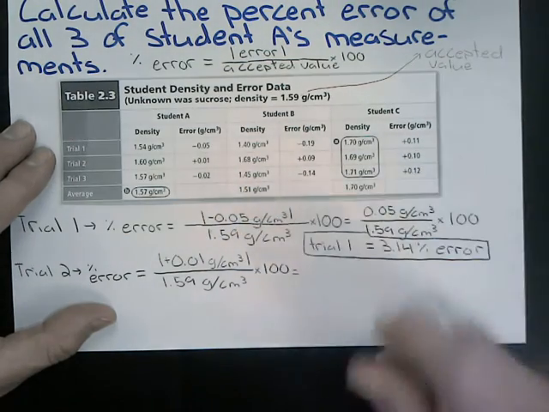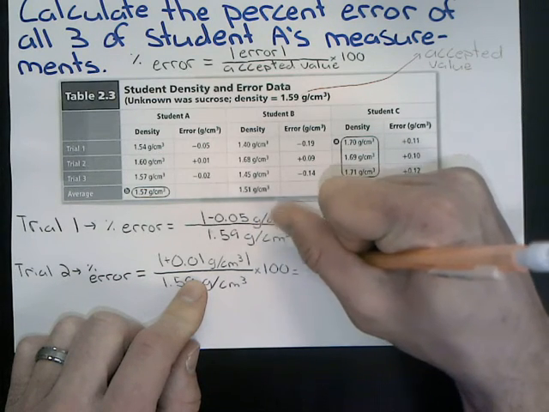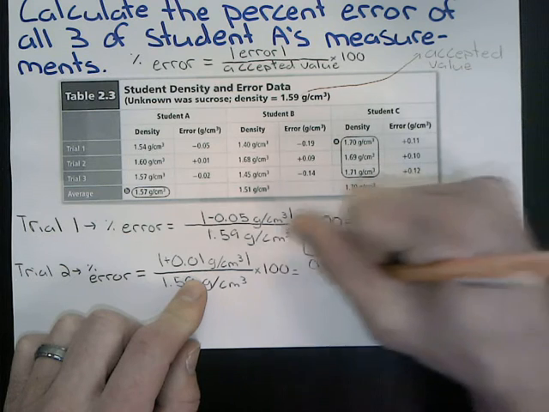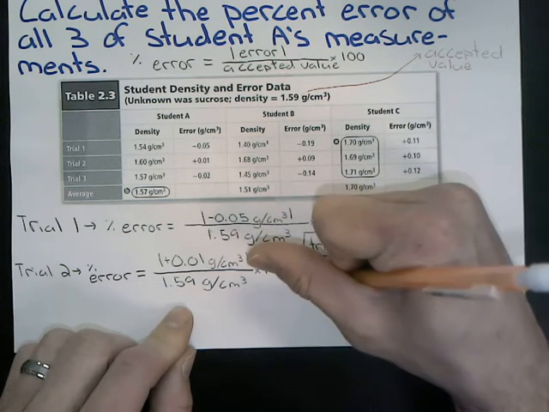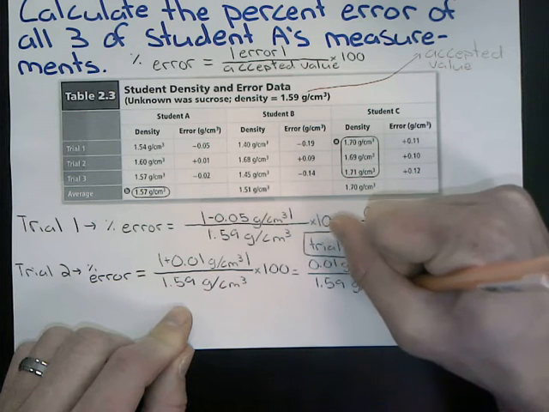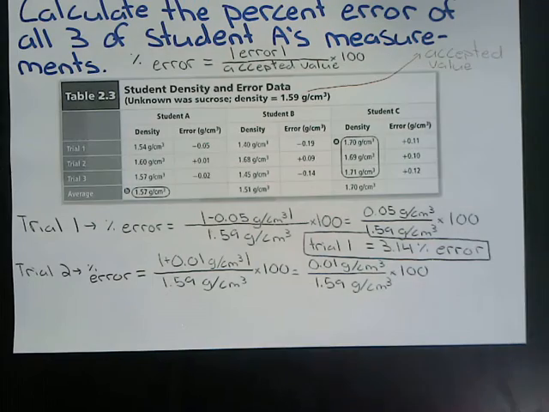Okay, so I'm going to consolidate here. This would just be 0.01 gram per centimeter cubed divided by 1.59 grams per centimeter cubed, multiplied by 100, and we turn to our calculators.